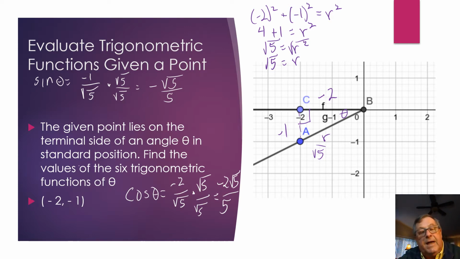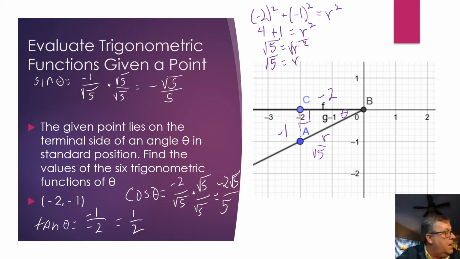And then what about my tangent? Well, my tangent of theta is equal to my y-coordinate, my opposite side, -1, over my x-coordinate, my adjacent side, -2. And of course, 2 negatives are going to become 1/2. All right, well, let's go with our cosecant.